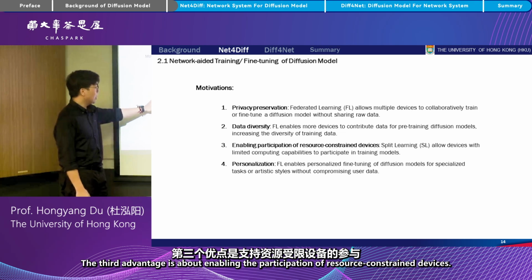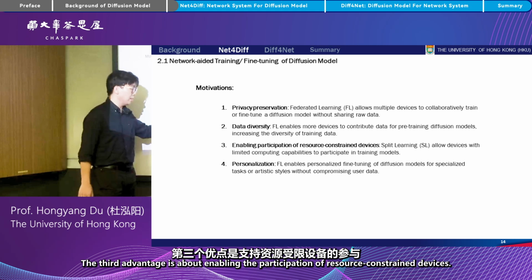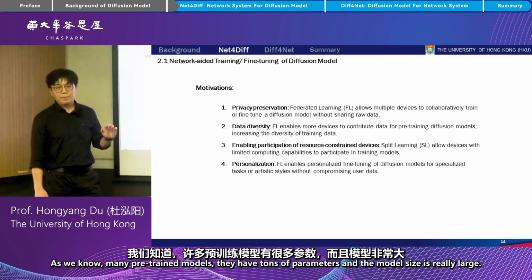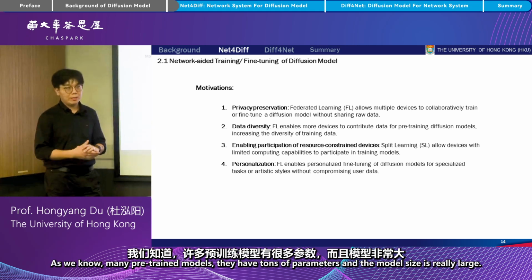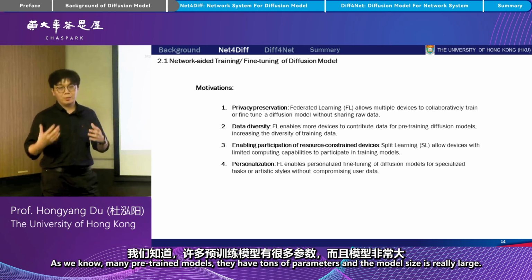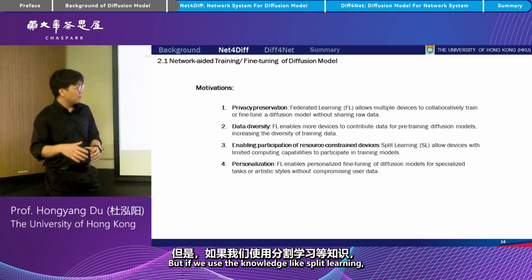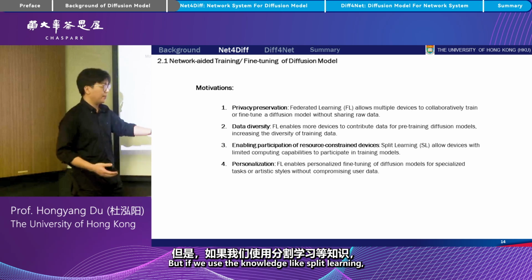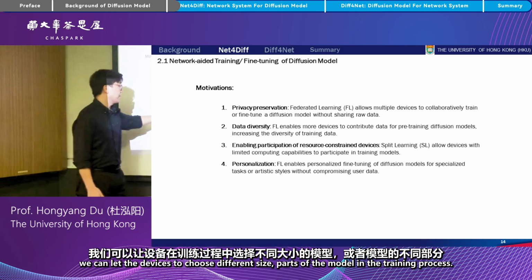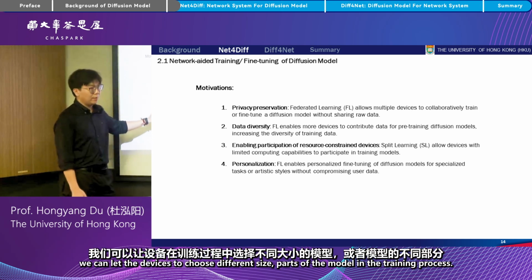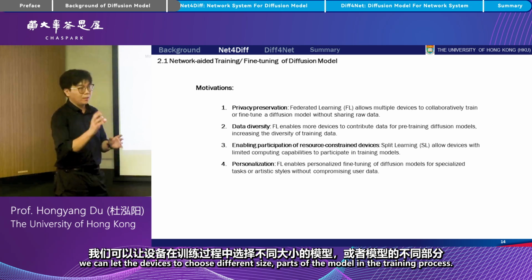The third advantage is about enabling the participation of resource-constrained devices. As we know, many pre-trained models have tons of parameters and the model size is really large. But if we use techniques like split learning, we can let devices choose different-sized parts of the model in the training process.